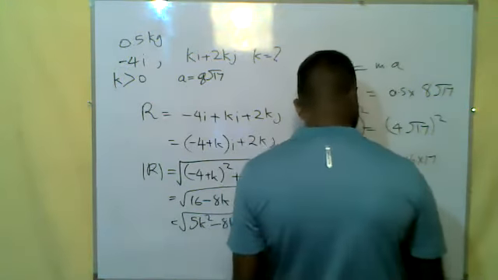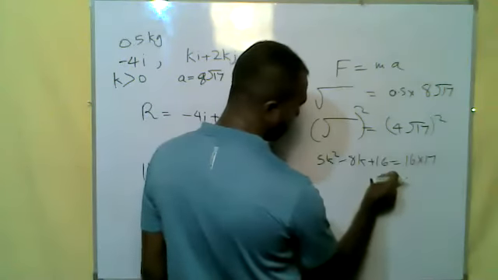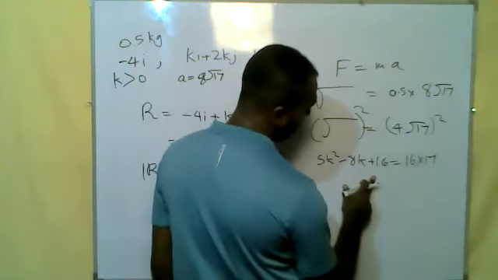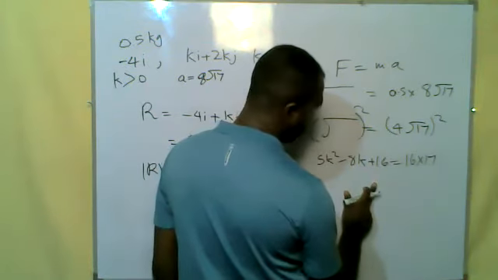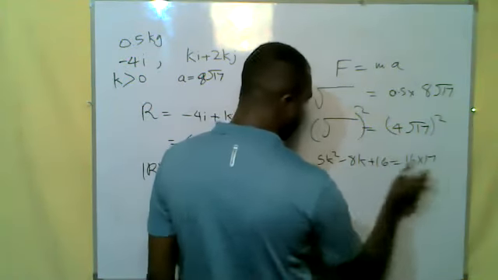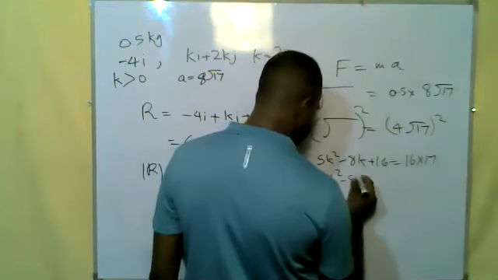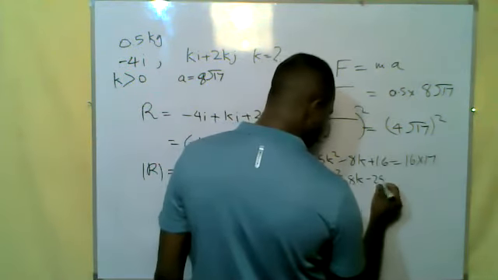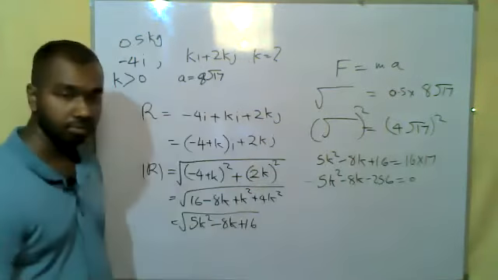When you take those things to this side, how much do you get? Here also 16. You get, reduce 1 from 17, no? So it is 16 times 16. So 5k squared minus 8k minus 256 should be equal to 0.